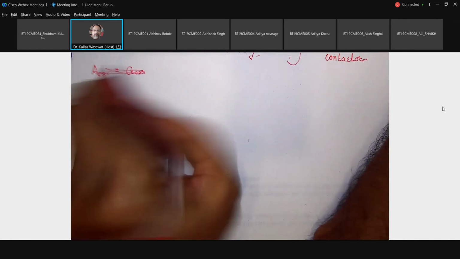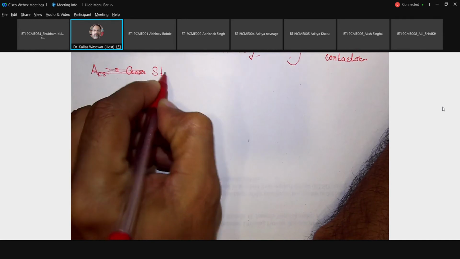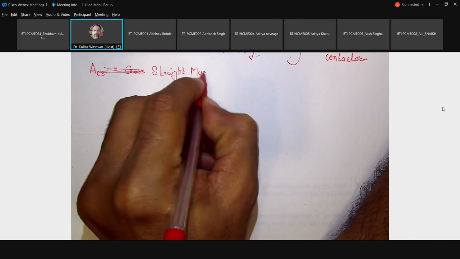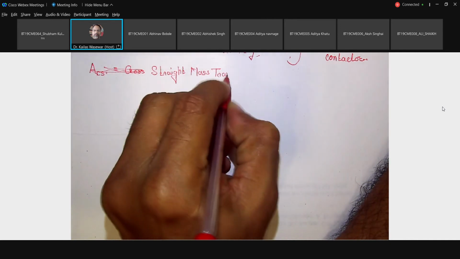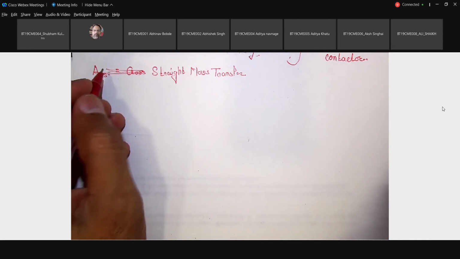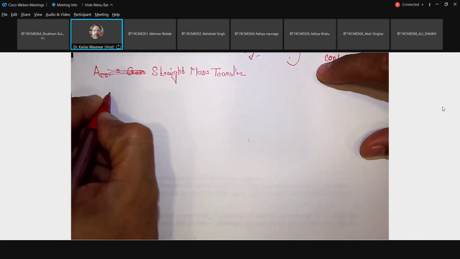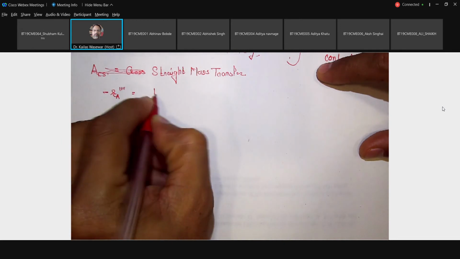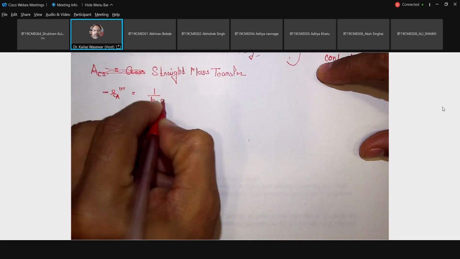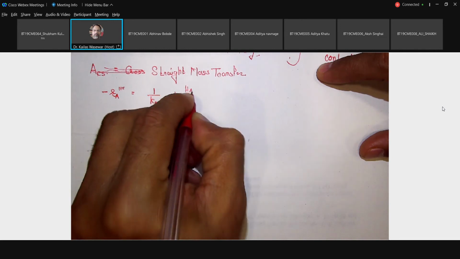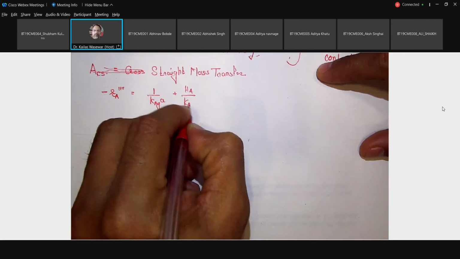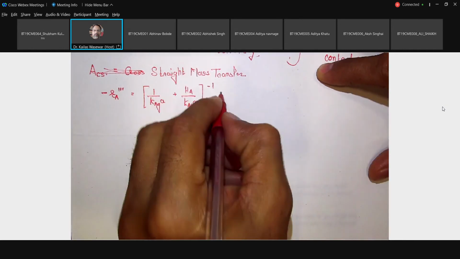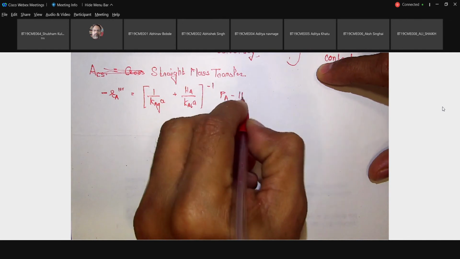So now we have seen the overall expression for straight mass transfer, that is, no reaction. That means there are two resistances: Ra prime is equal to 1 upon (1/kAG a plus HA/kAL a). You should remember these equations.